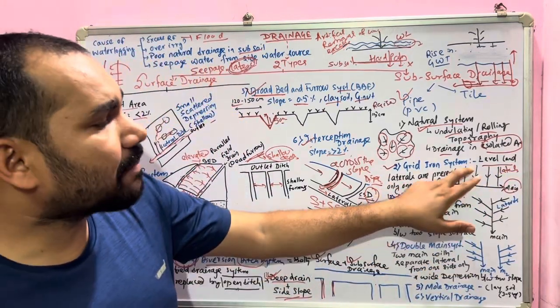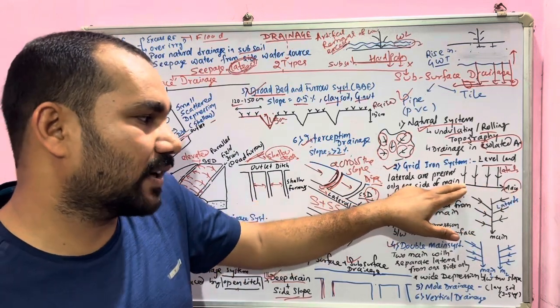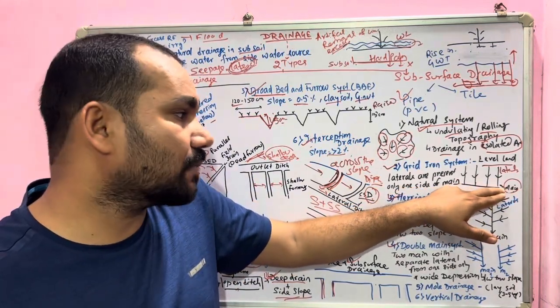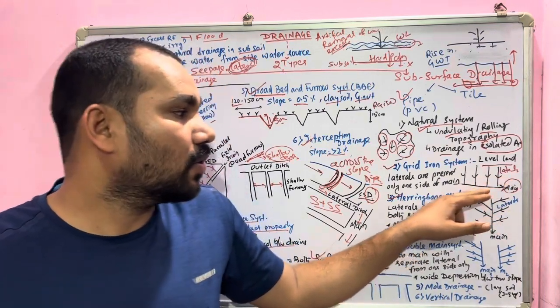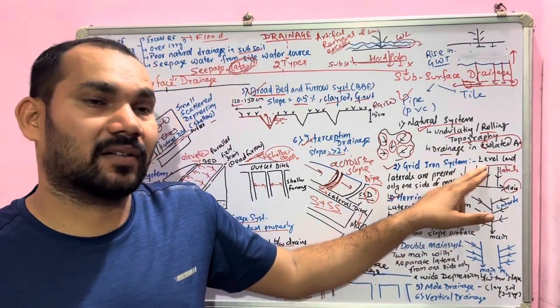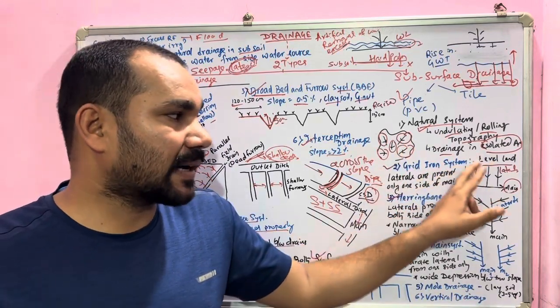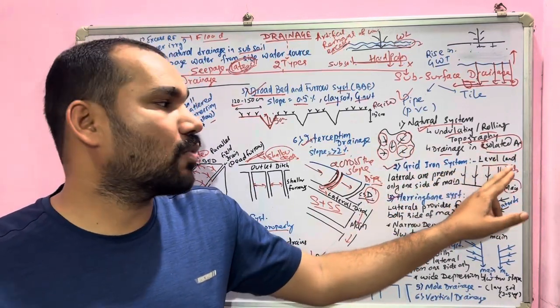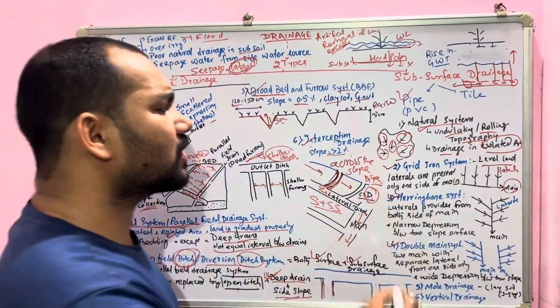So laterals are present only on one side of the main drainage channel. You have only one main drainage system, with different laterals provided only on one side of the main. This is called the gridiron. So the gridiron drainage system is practiced in which type of land? Somewhat leveled land.